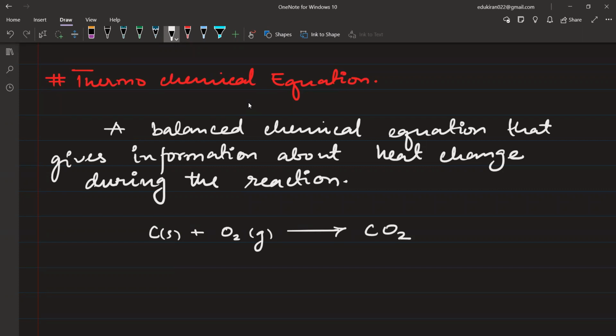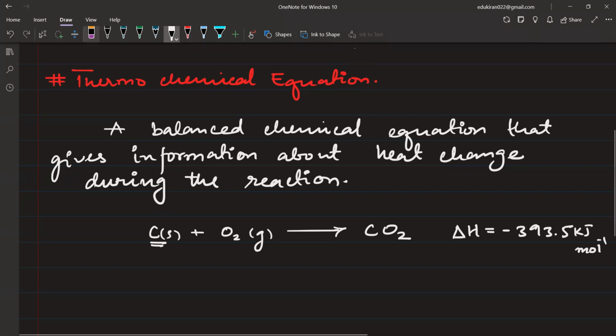This is a combustion reaction, so obviously it is going to give you energy, and the enthalpy change in this reaction will be equal to minus 393.5 kilojoule per mole. It says that if you burn 1 mole of carbon, then you are going to get 393.5 kilojoules of energy. So when you have this information also, this becomes a thermochemical equation.